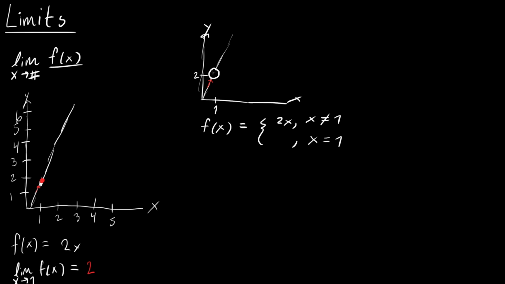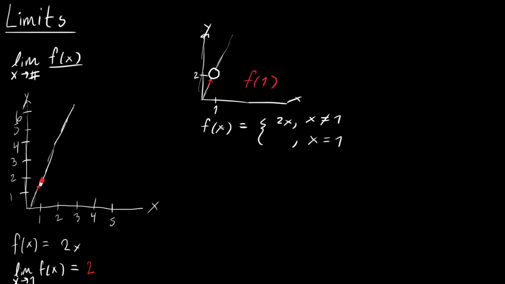We don't ask ourselves what the value of the output is. We just ask ourselves what it tends towards. So let's say that we get to 0.999999999 repeating. As x is getting closer and closer to 1, the output is getting closer and closer to 2. But x never actually reaches 1. That's why we say it's the limit as x approaches 1. If we want to actually reach 1, then all we would do is f of 1.